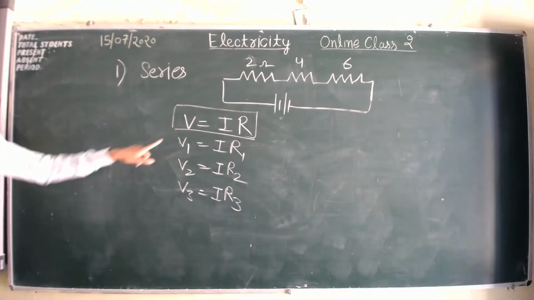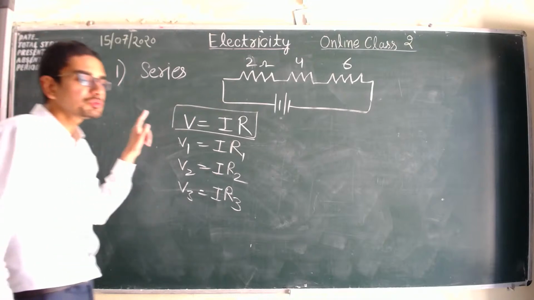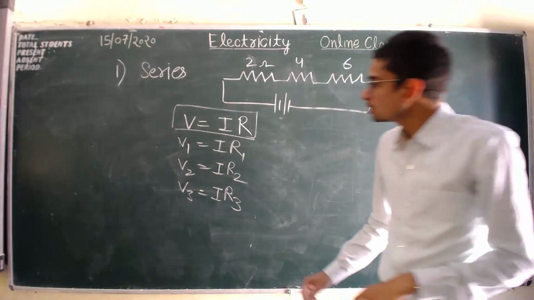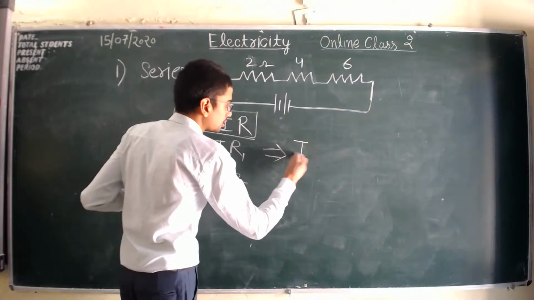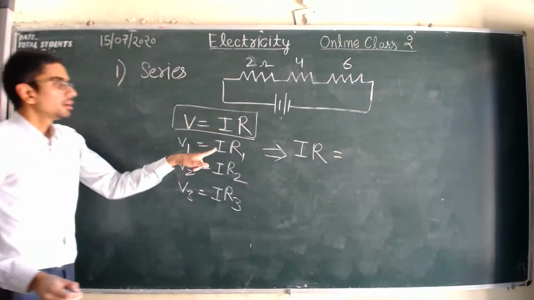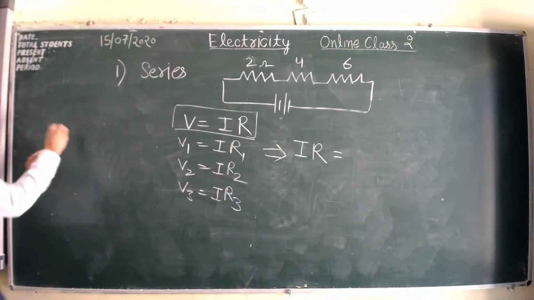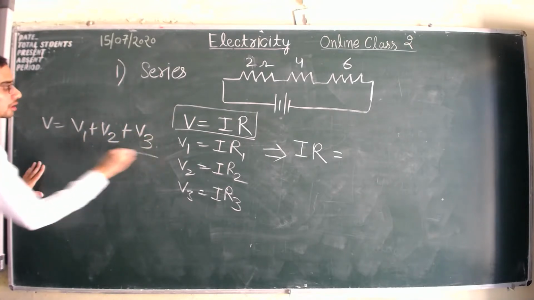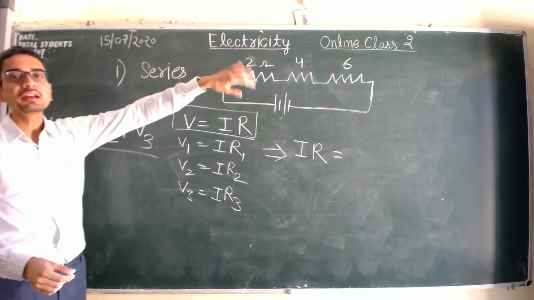Now you add them up, all three voltages you add them up, V1 plus V2 plus V3. What will be the resultant? V की वैल्यू है IR, okay, is equal to IR1 plus IR2 plus IR3, because V is equal to V1 plus V2 plus V3, because in series combination voltage is different.